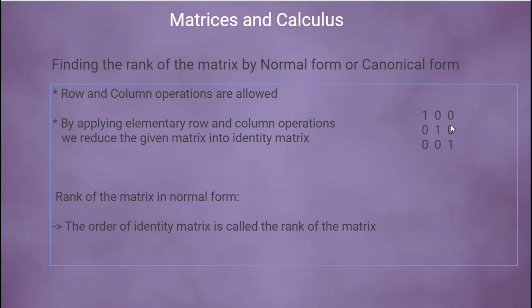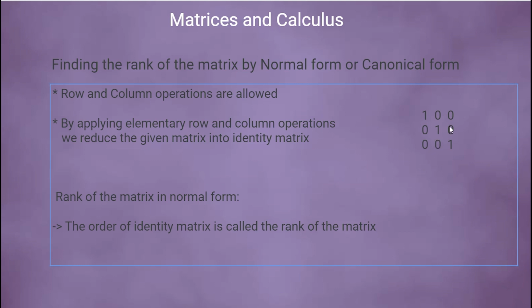This is an identity matrix because in the diagonal we have ones and all the other elements are zeros. So in the diagonal we have 3 ones. So the order of this matrix is 3, and the order of the identity matrix is called the rank of the matrix. So the rank of the matrix is also 3.